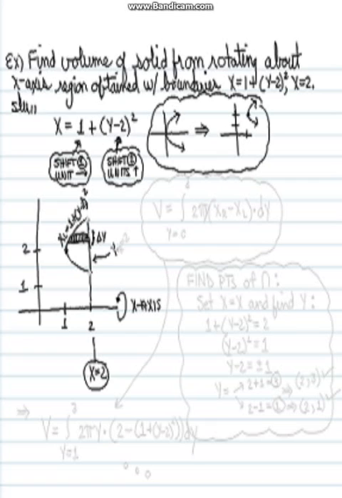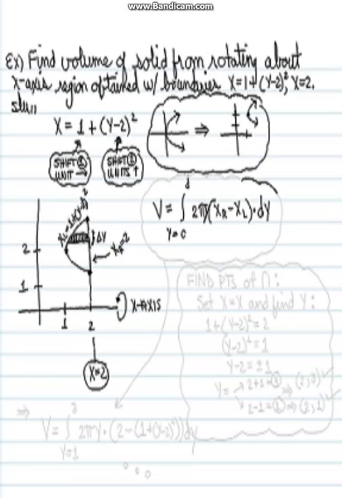Here we have x for the leftmost and x for the rightmost, x as a function of y. So the volume is going to be the integral from y equals c to d of 2 pi times the width, which, because we are rotating about the x-axis, is x as a function of y on the right minus x as a function of y on the left.